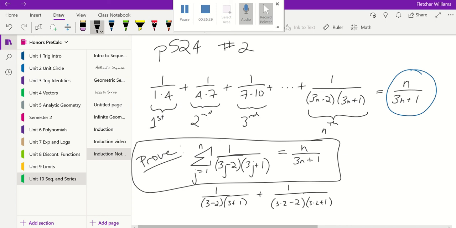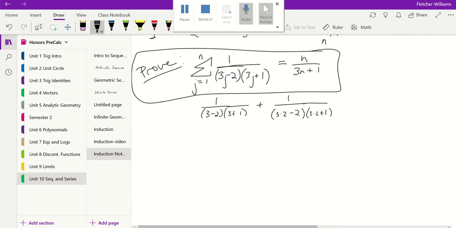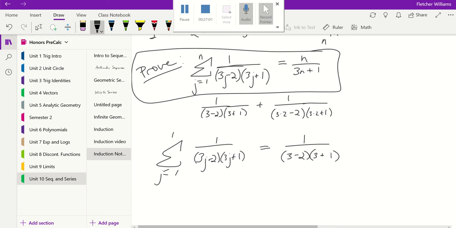So by primary, do you mean the base case? Oh, like the first part of the proof? Mm-hmm. So for the first part of the proof, you say, what's the sum of the first term? What's the sum from j equals 1 to 1 of 1 over 3j minus 2, 3j plus 1? How did I get that? Plug in 1 for j. So that's 1 over 3 minus 2 over 3 plus 1, and that is 1 over 4.